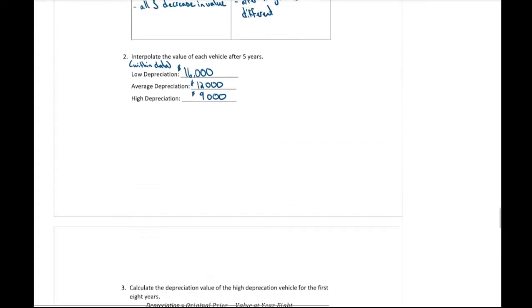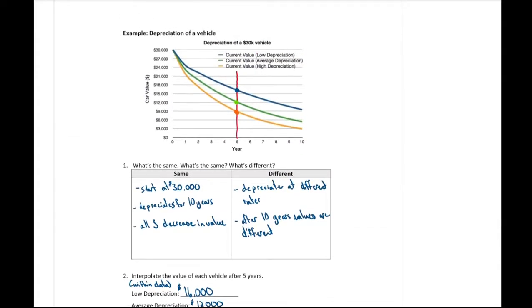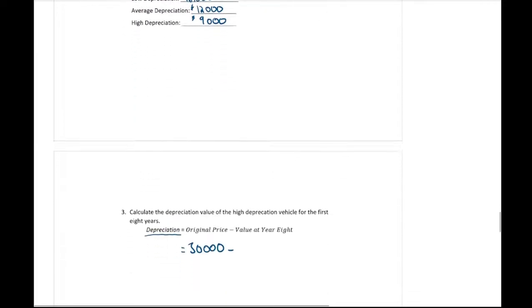So if we go back up and look at year 8 for the high depreciation, so again this yellow line or orange, at year 8, right here we could say it's the 0.8 and say roughly $4,000. So at year 8 it's 4,000.